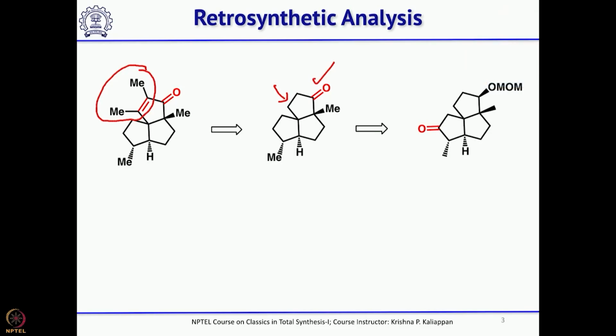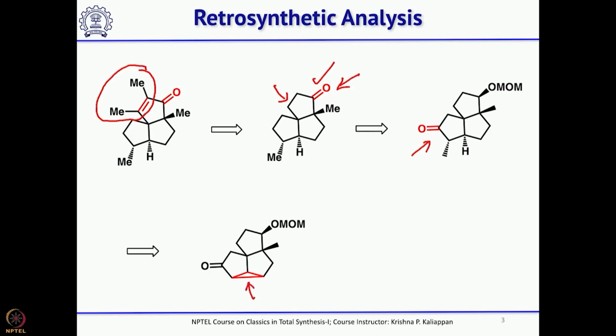And why this ketone was introduced, you will know, that is because for the photochemical oxo-di-pi-methane rearrangement this ketone is required, and before that this ketone should be reduced and protected, and this particular ketone can be obtained from this tetracyclic compound. Okay, now you can see a cyclopropane.